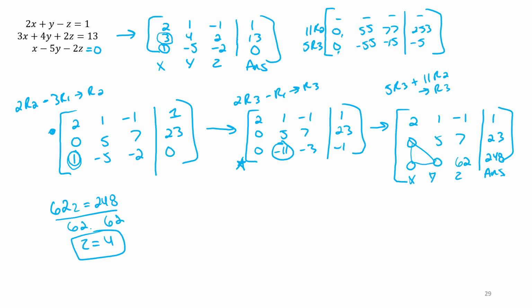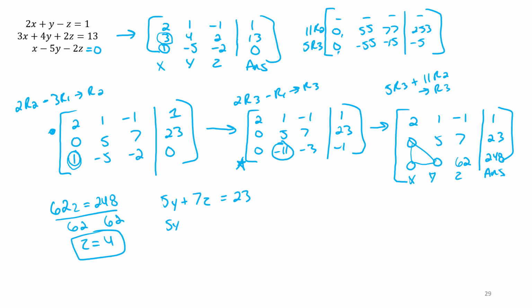So now let's go up a row. So row 2, we don't have anything for x. So we have 5y plus 7z equaling 23. We found that z is 4.